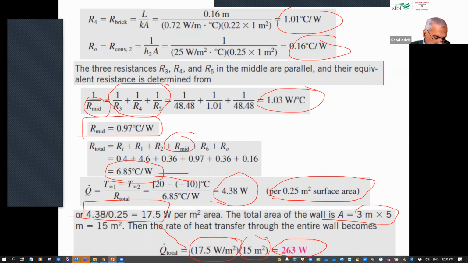So up to this stage here, this is what you need to do.